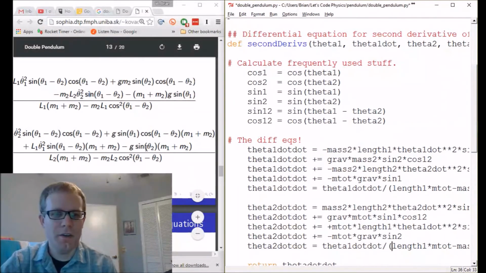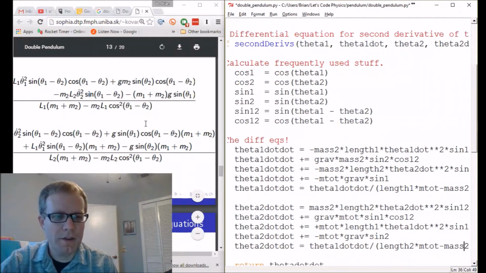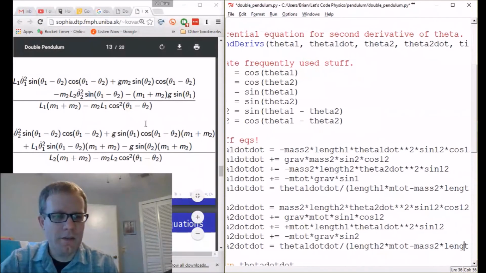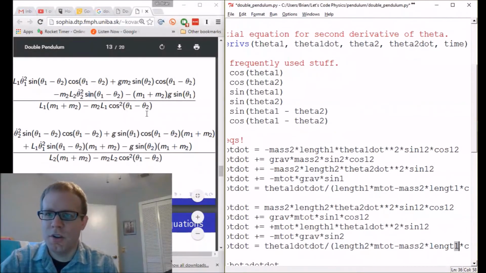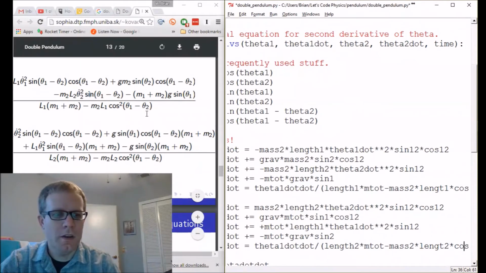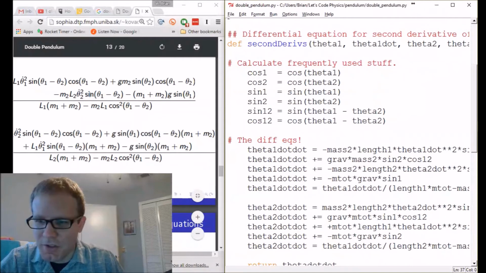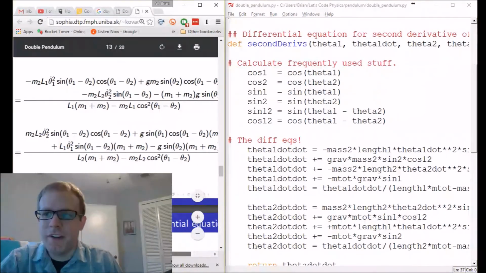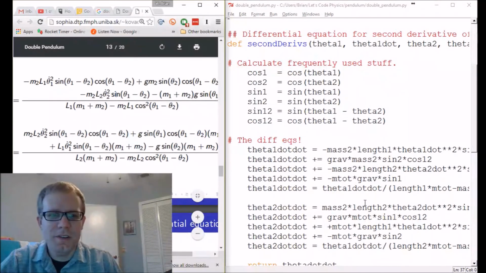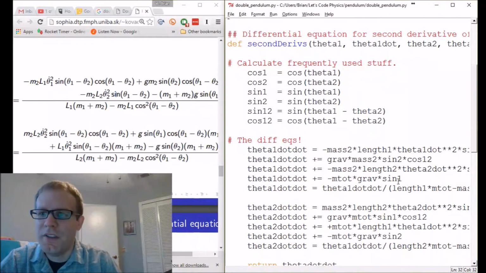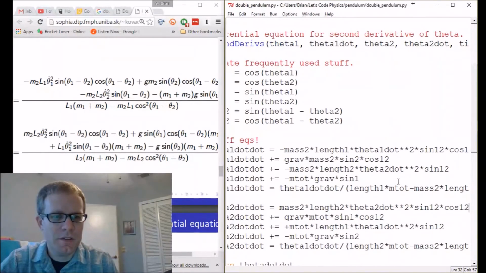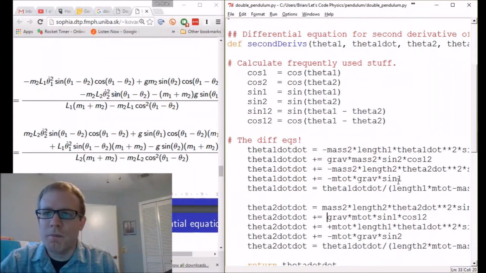Theta 2 double dot. Now I divide the whole thing by length 2 times mass total minus mass 2 length 2 cosine 1 2 squared. All right. Let's double check that. So I've got mass 2 length 2 theta 2 dot squared sine 1 2 cosine 1 2. Good, good.